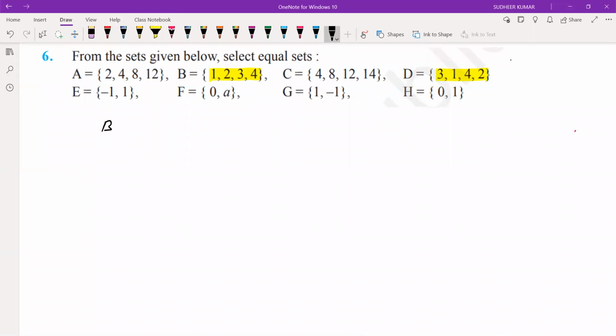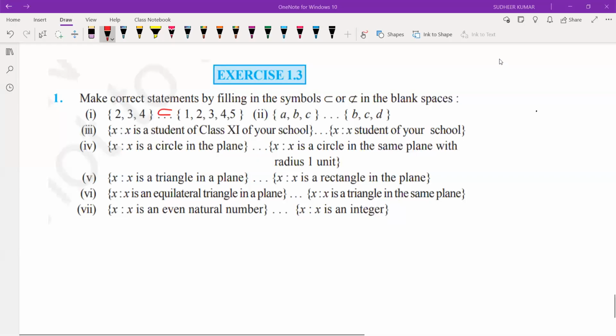Tell me, B is equal to D. Yes, B equals D. B and D are equal sets. Next, any other sets? A is equal to C. E equals G. So E and G are equal sets. That's it.